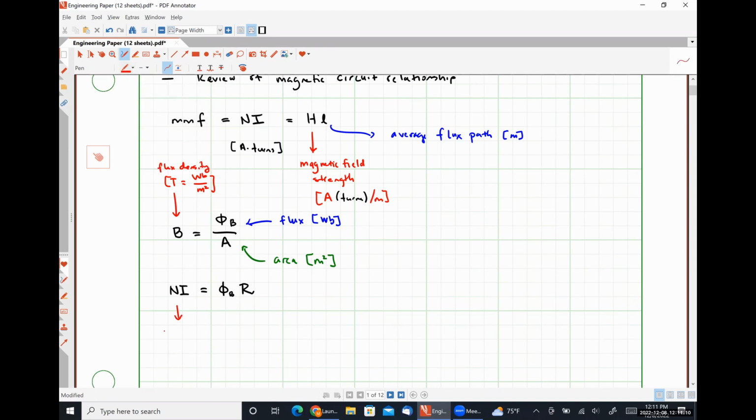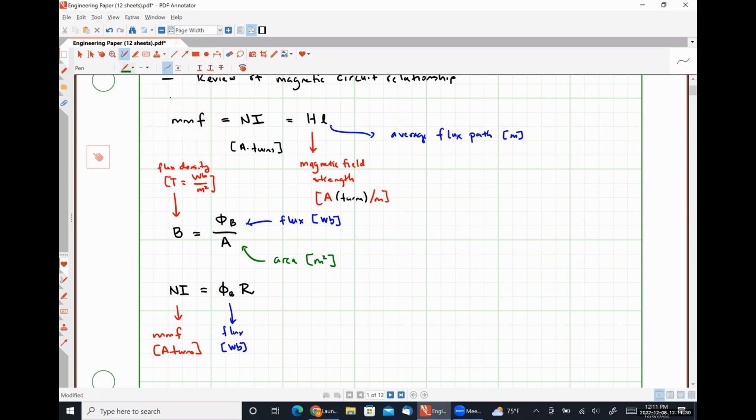So once again, this is our magnetomotive force, MMF, measured in amp turns. Phi B is still our flux, measured in Webers.